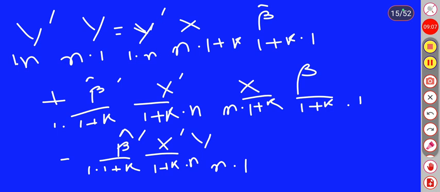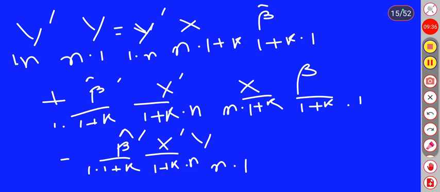So y hat has one row and n number of columns, y prime has one row, n number of columns, y has n rows, one column, y prime again one row, n columns, x has n rows, 1 plus k columns, beta hat has 1 plus k rows and only one column.